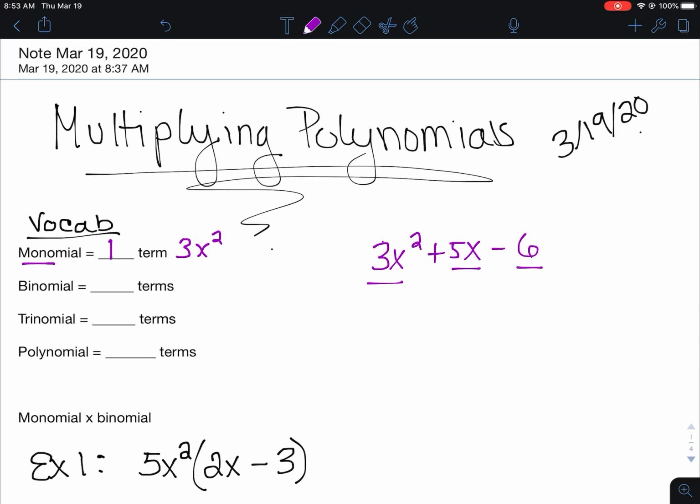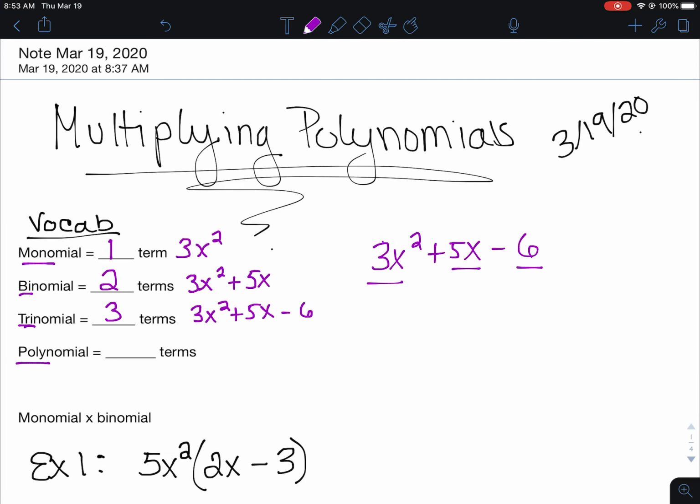A binomial is something that has 2 terms. The prefix bi means 2. So maybe 3x squared plus 5x. A trinomial, just like a tricycle, something that has 3 terms. And so that would be something like 3x squared plus 5x minus 6.